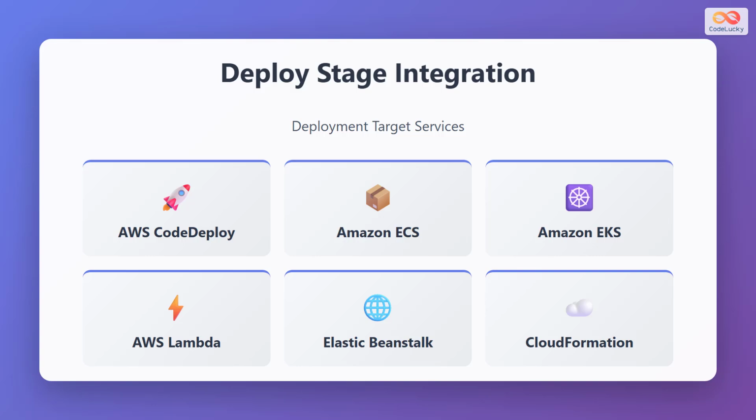AWS Lambda deployments allow you to update serverless functions directly. Elastic Beanstalk is supported for platform-as-a-service deployments. CloudFormation integration enables infrastructure-as-code deployments, allowing you to update your entire infrastructure stack through your pipeline. This comprehensive integration ecosystem makes CodePipeline suitable for virtually any deployment scenario.